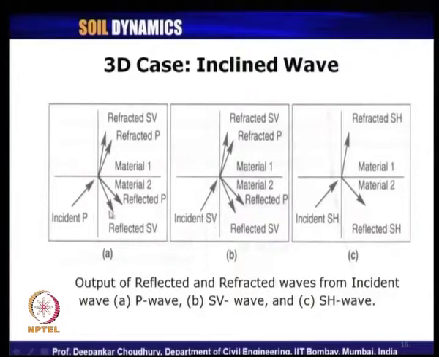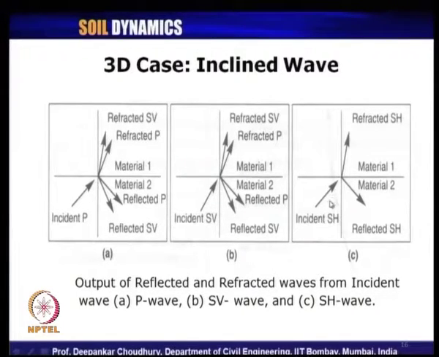When an inclined wave hits an interface between two materials 1 and 2, an incident P wave can generate a reflected P and reflected SV wave, and a transmitted SV and transmitted P wave in the other material. When the incident wave is SV type, some portion gets reflected as P wave and SV wave in the same material, and some gets refracted or transmitted in the other material as SV or P wave.